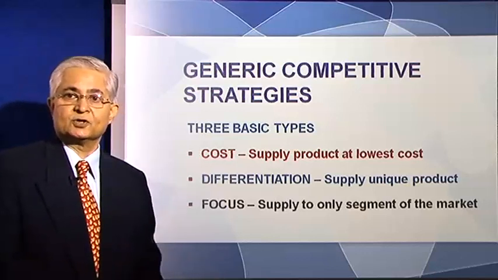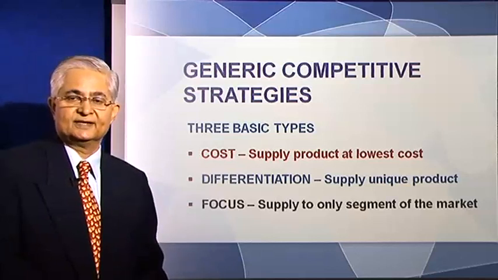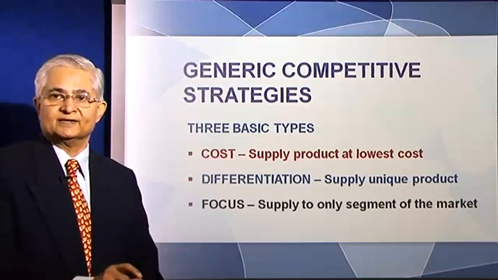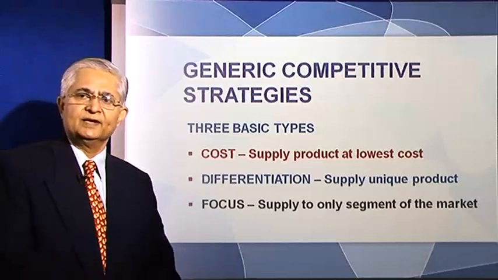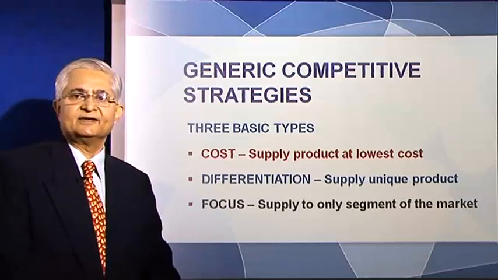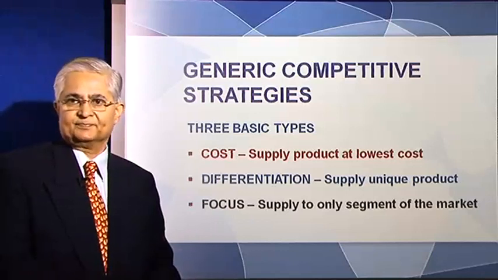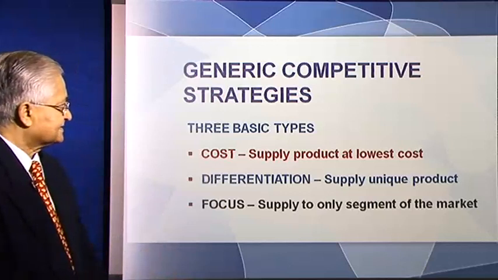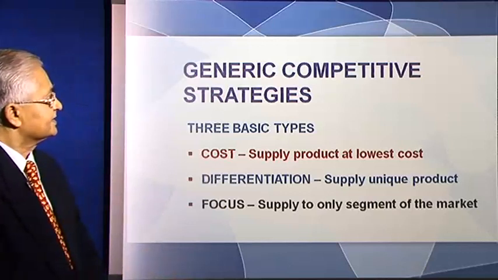Our focus is not on cost, it is not on price. Our focus is on uniqueness. Now, this uniqueness may reflect itself in several different ways, but our focus is on uniqueness. That's the differentiation strategy.